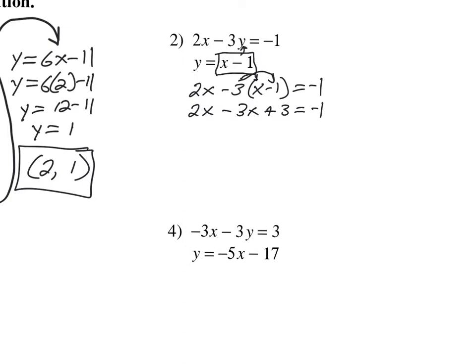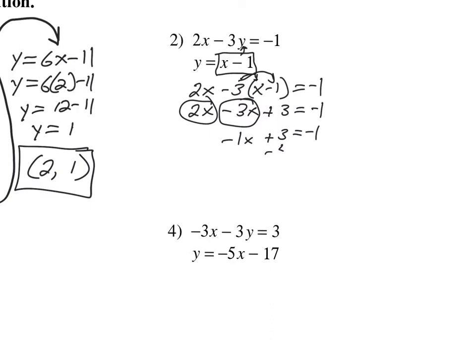That's supposed to be a plus sign in between. Looks like a 4. Combine like terms. Positive 2 minus 3. That gives me negative 1x plus 3 equals negative 1.